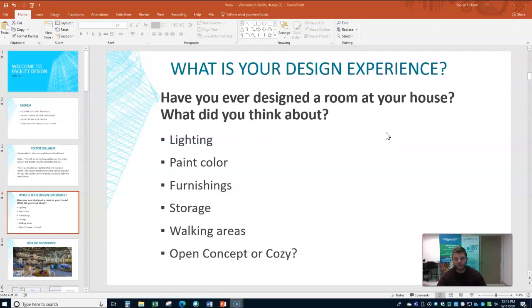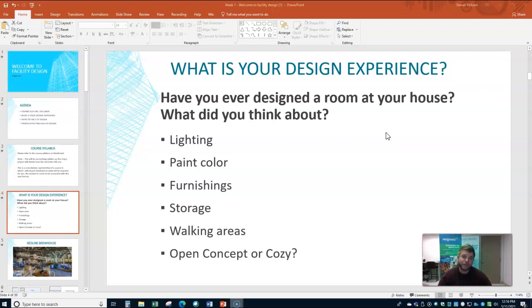Do I want storage? Do I want it open concept? Do I like it cozy and kind of closed in? And we'll think about this kind of mentality when we look at all of our spaces, including commercial spaces for guests and long-term and retirement spaces for your customers.